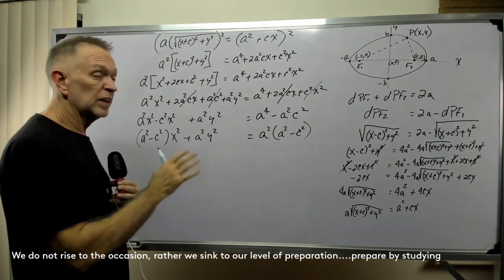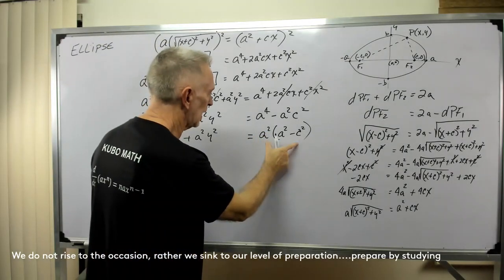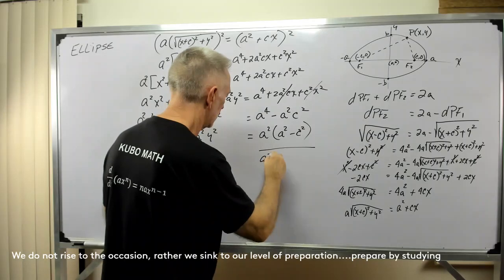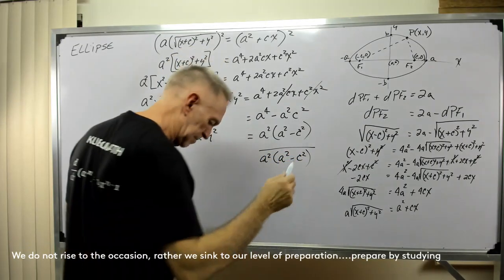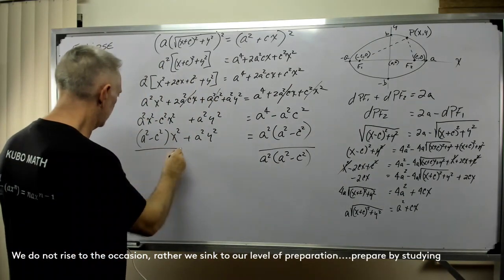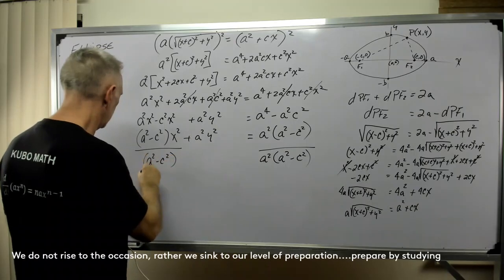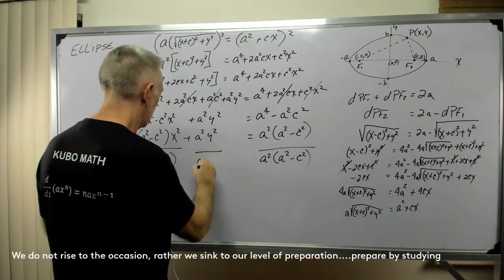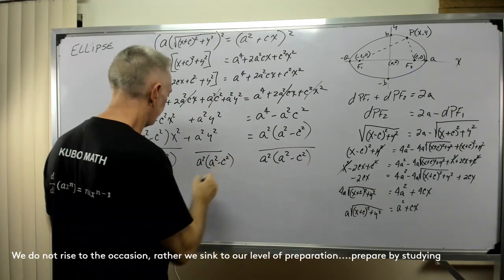Now then, I'm going to divide both sides by a squared times a squared minus c squared. Well, it's a squared times that. And this one, a squared divided by a squared minus c squared.